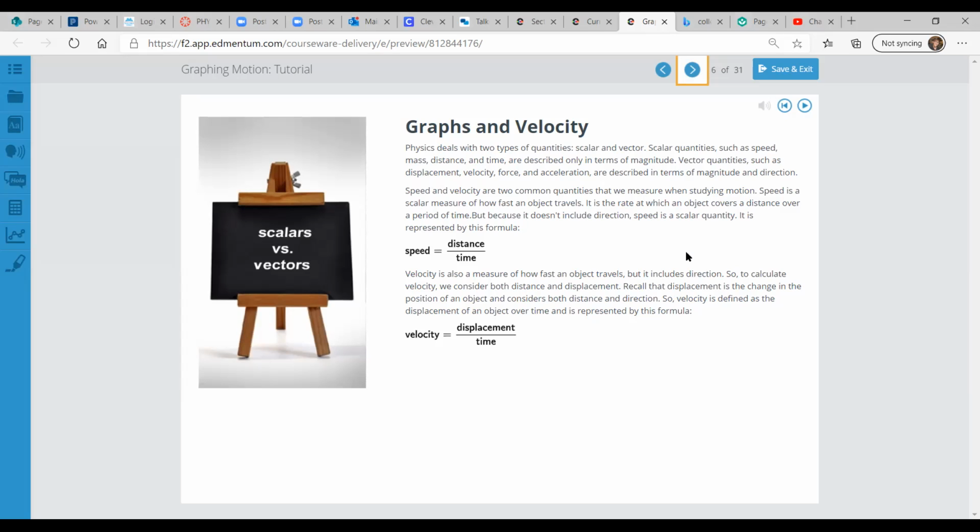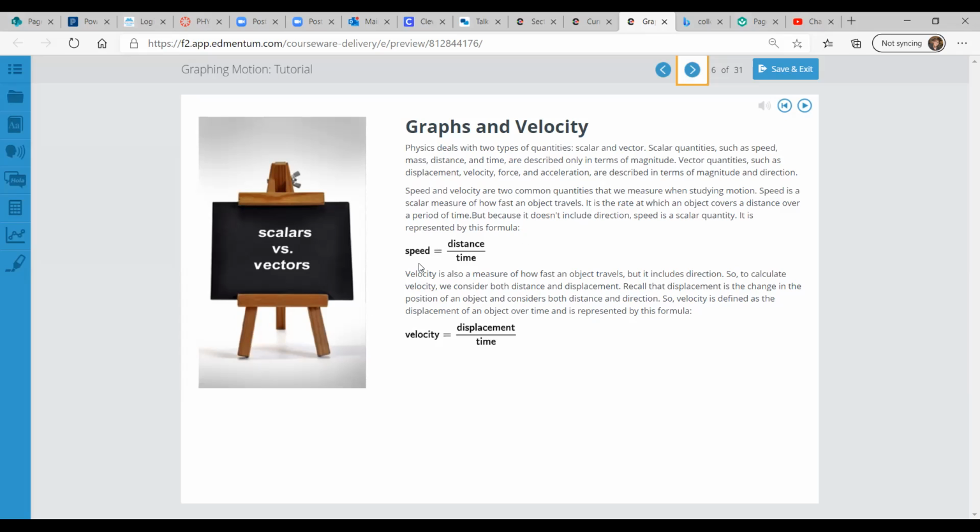Speed and velocity are two common quantities that we measure when we're studying motion. Speed is the scalar measure of how fast an object travels. It is the rate at which an object covers a certain distance over a period of time. But because there's no direction, it's only scalar.